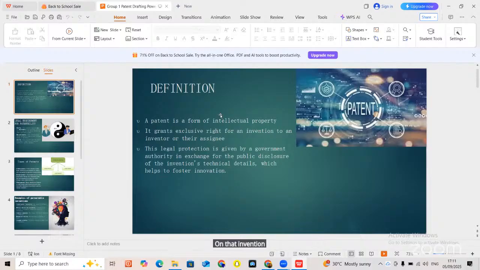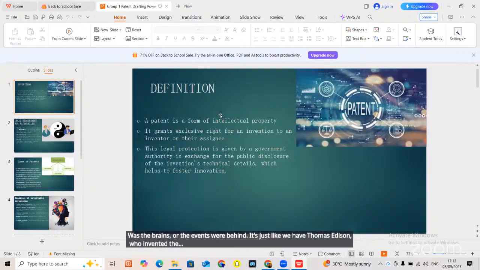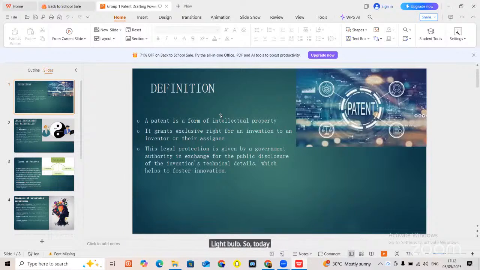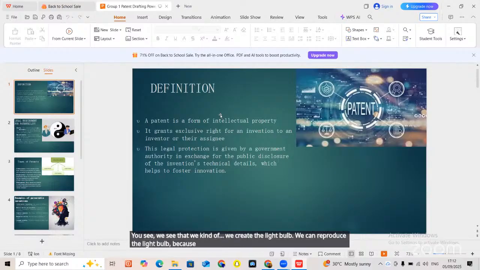So that means, as if we were to go down history, we know that this person was the brains or the inventor behind so and so. It's just like we have Thomas Edison, who invented the light bulb. So today, thanks to his work, we see that we can recreate the light bulb, we can reproduce the light bulb because we have an understanding. Someone in the field has an understanding on how the light bulb was made.